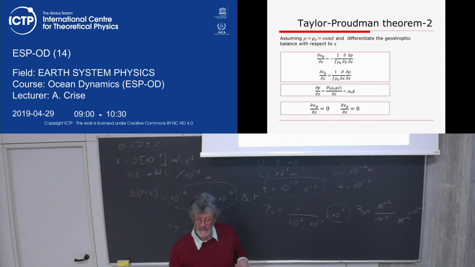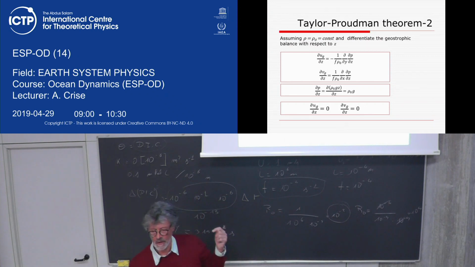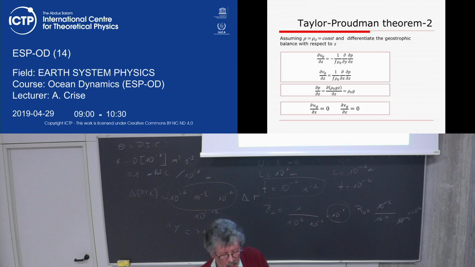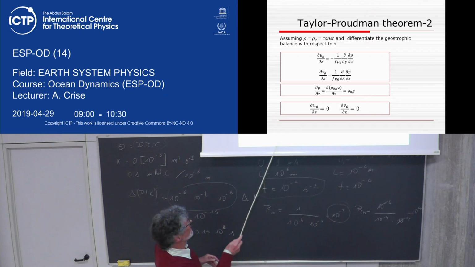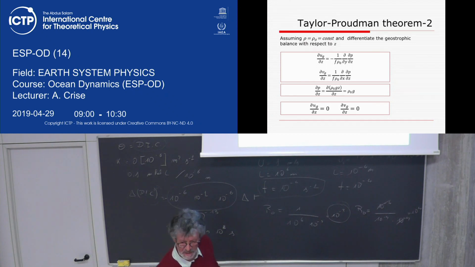And whenever the system tends to the geostrophic balance, the adjustment would move the system toward a situation where the shear tends to 0.